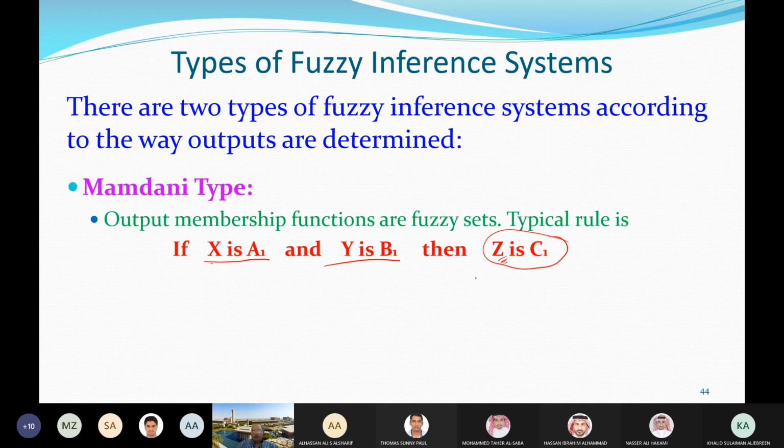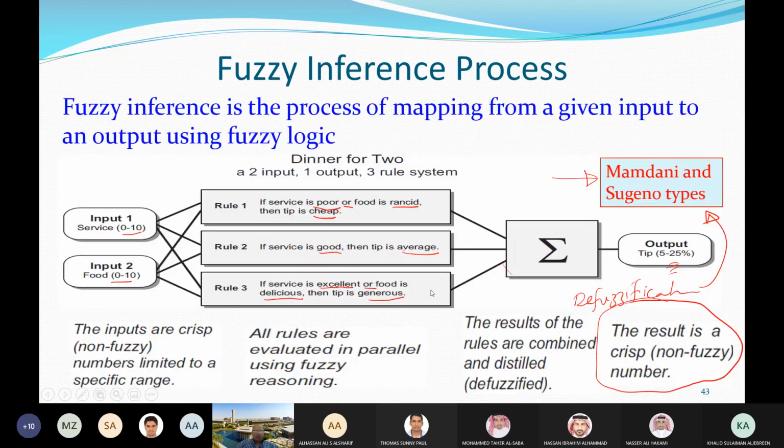And the output variable here is also fuzzy variable. This is what we discussed so far. This is what we mentioned here in this example. So the tip is cheap, the tip is generous. So the output also here is fuzzy.